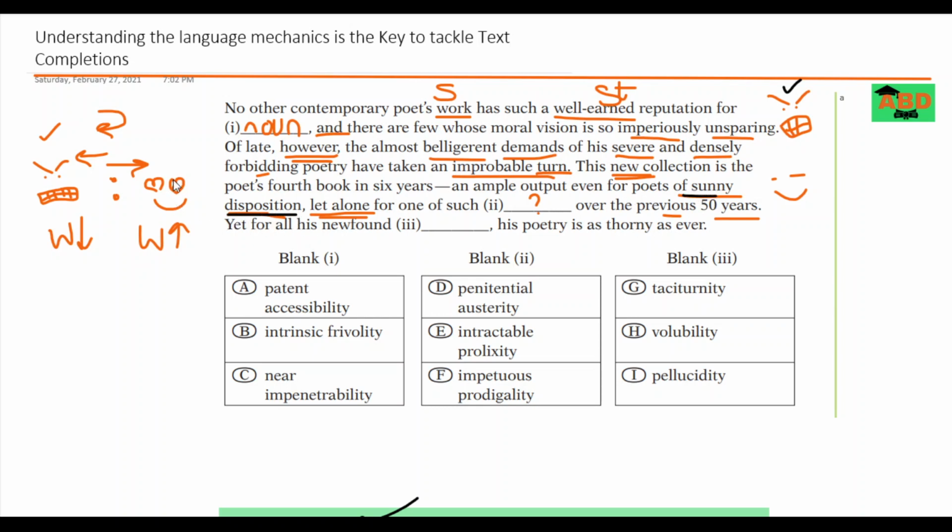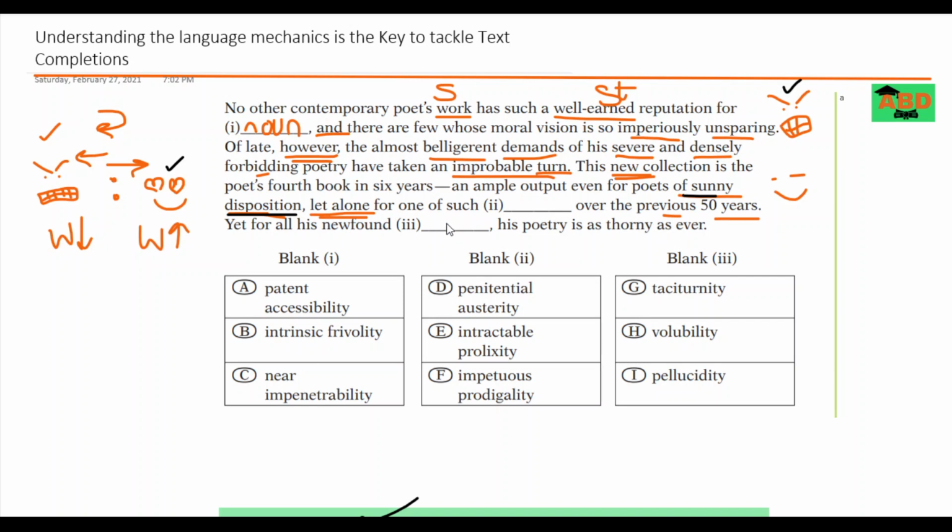So he's writing for people who are friendly, let alone for such dash over the previous 50 years. Now, the question is, if he is writing for people who have a sunny disposition, who are friendly, given the fact that he is angry, what can I say about the blank over here?